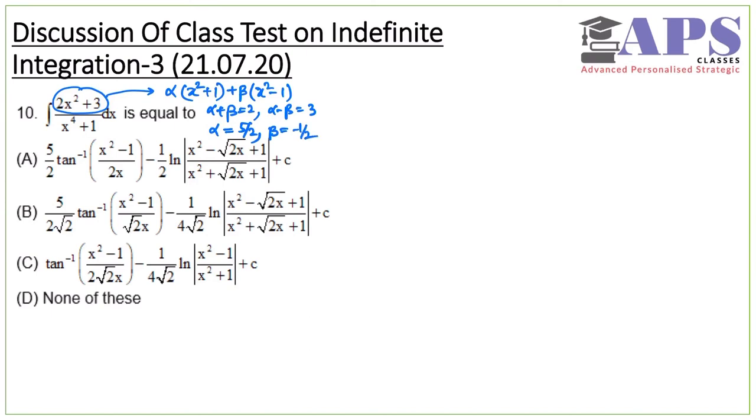So basically I am getting this integration as integration 5 by 2 comes outside, (x square plus 1) by (x power 4 plus 1) dx, this will become minus because that is minus half, (x square minus 1) divided by (x power 4 plus 1) dx.